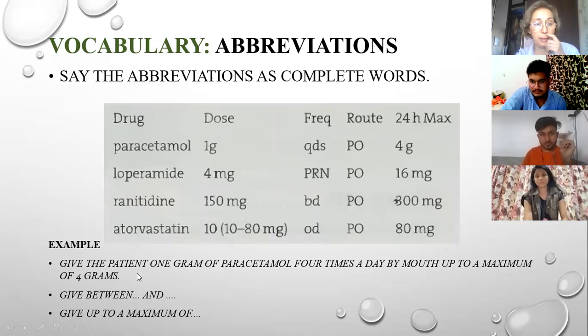So please, you can use give the patient, give between, and give up to a maximum of. Please write similar full sentences about the other 3 drugs which are presented here in the chart. Now, 3 minutes for you to write it individually. Start, please.